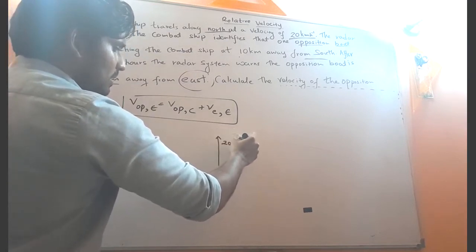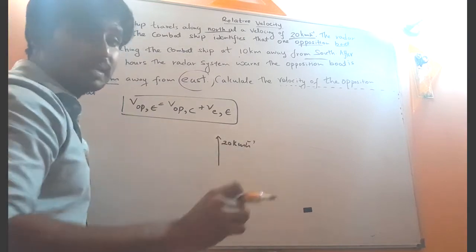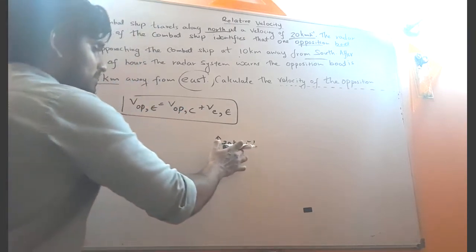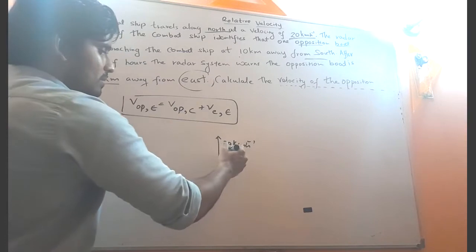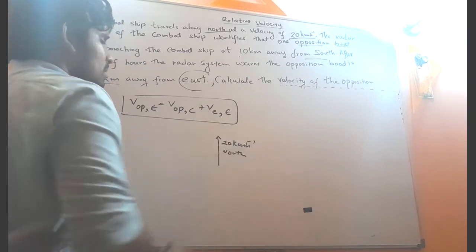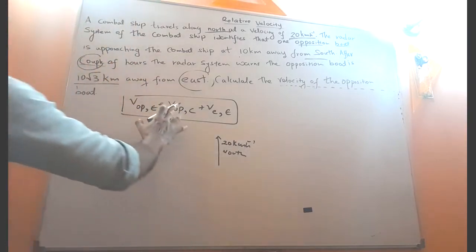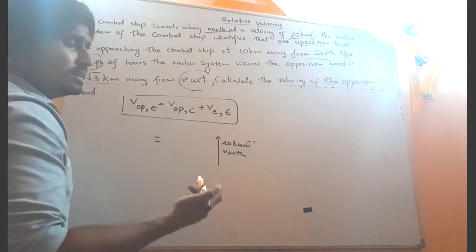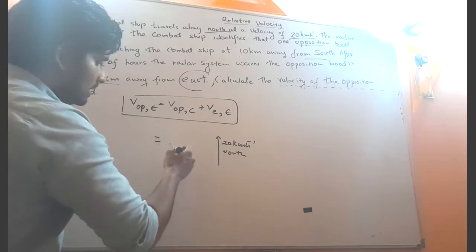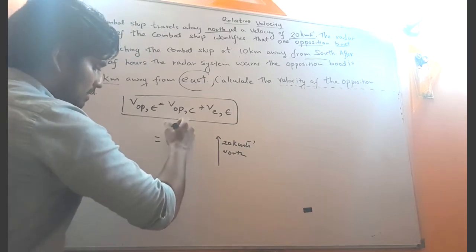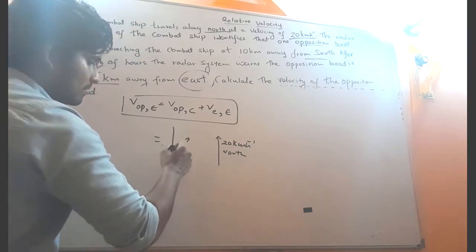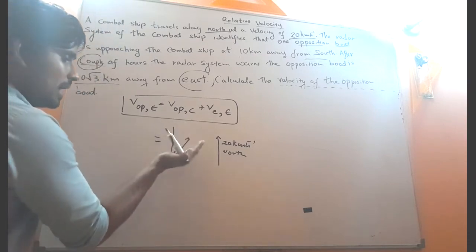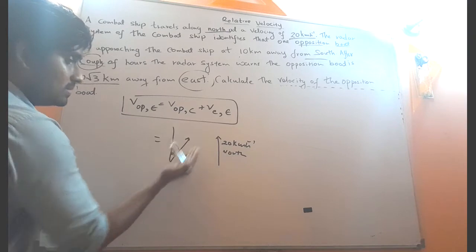Be very careful about the angle. The velocity is 20 kilometers per hour towards north. But now if you consider the velocity of the opposition boat with respect to the combat ship, you know that it is making an angle alpha with the north, or with the upward vertical, towards east.